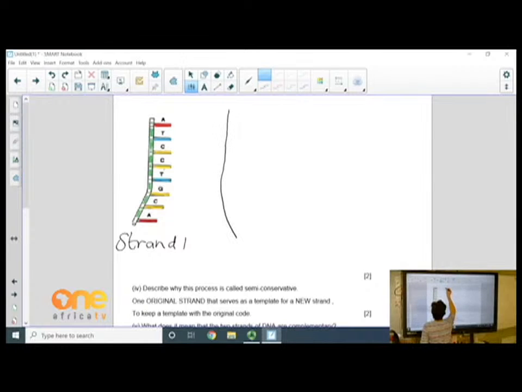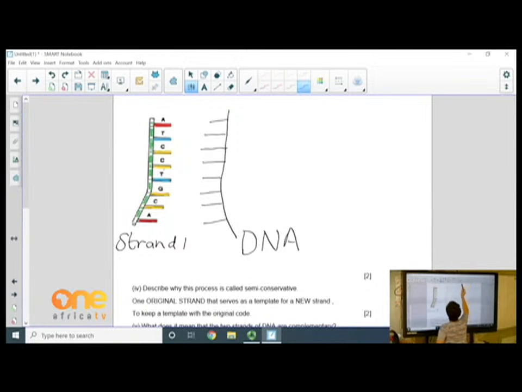You show me the nitrogenous bases. But that is not enough. I need to see how they are going to attach. So A will attach, and this is DNA replication. So this is another DNA strand, and A will link to T. That will be a blue one.